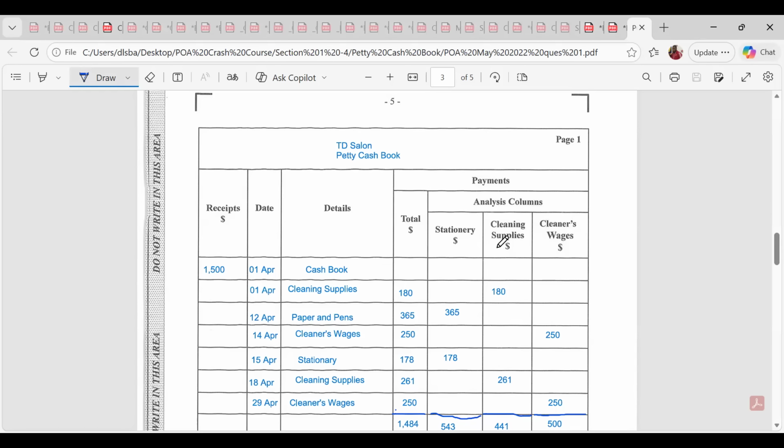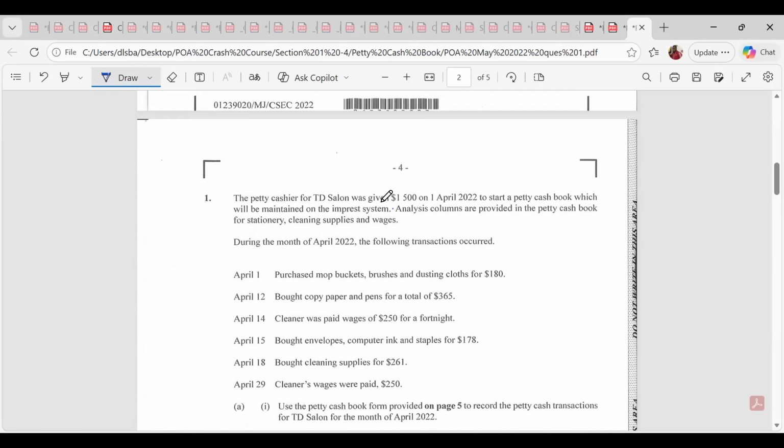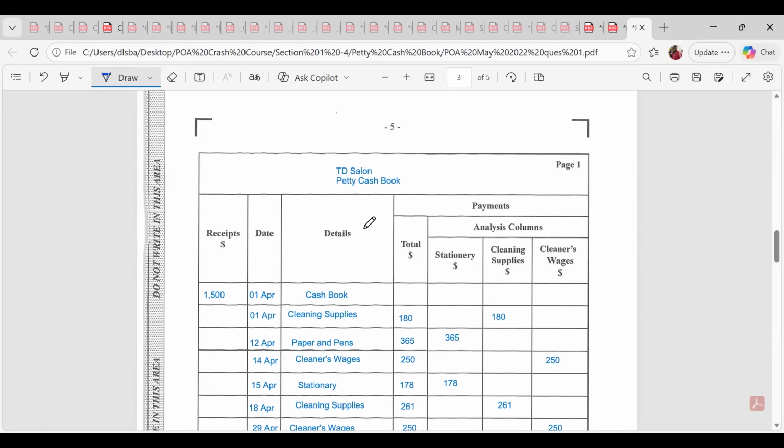You will be given a certain amount of money to use for petty cash. So they said they were given $1,500. It would normally come from your cash book. So for the first of April, the first of the month, you put cash book and you put the amount of money.